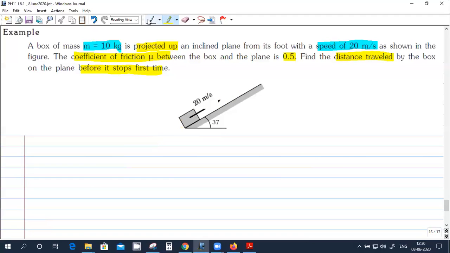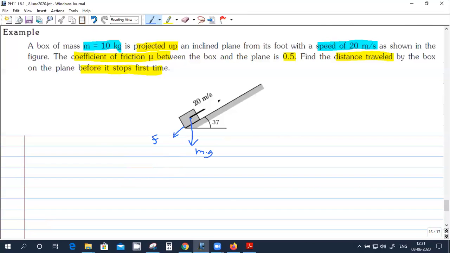So one force is mg, and there is a friction force here. What is the component of mg down the plane? Mg cos theta, right? I told you so many times, it's mg sin theta.